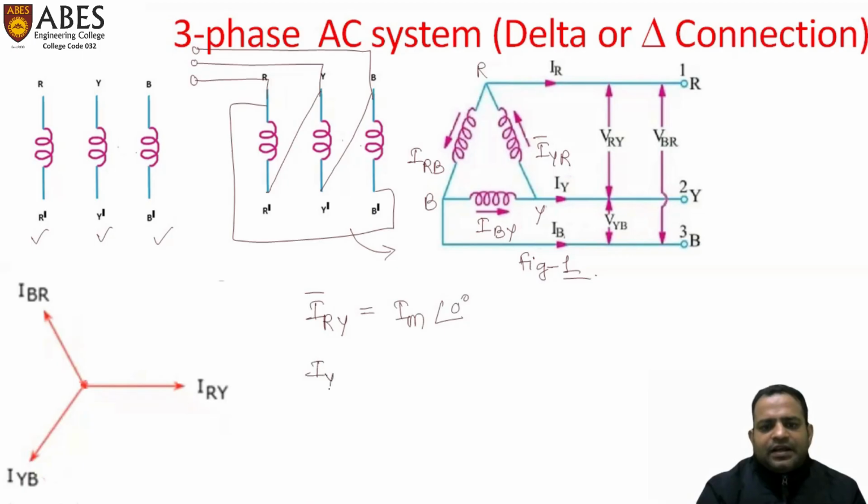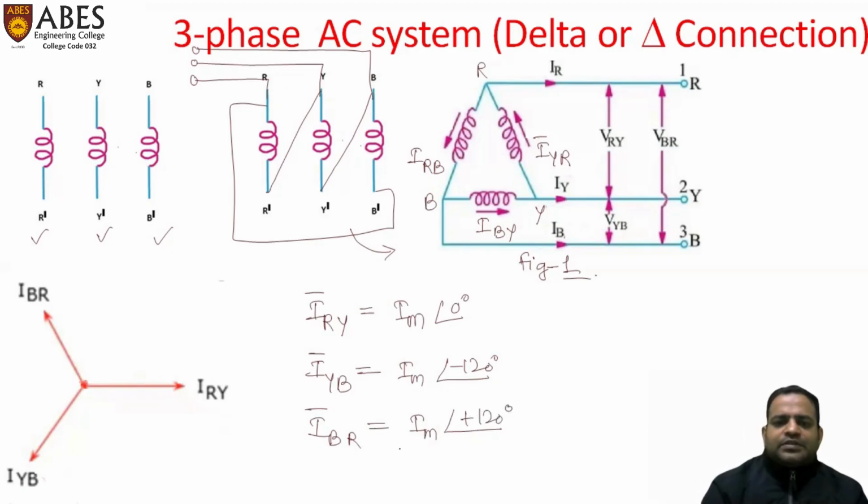Another is IYB, which is 120 degrees apart, having the similar magnitude IM with an angle of minus 120 degrees, and our IBR, which is also 120 degrees apart from the IRY phase, at an angle of 120 degrees in the anti-clockwise direction in positive sequence.